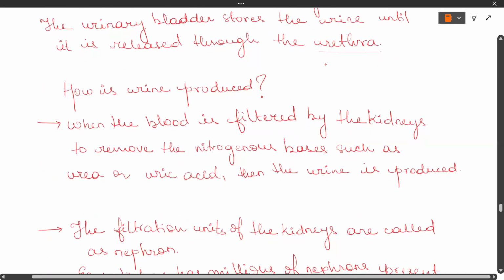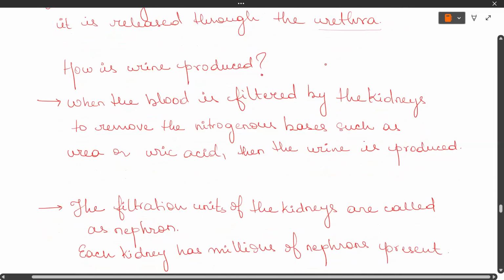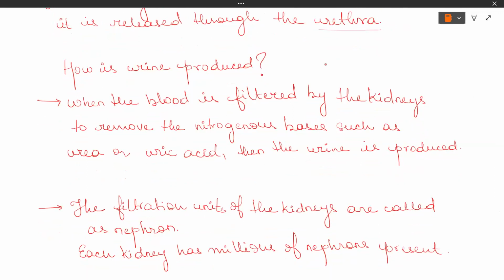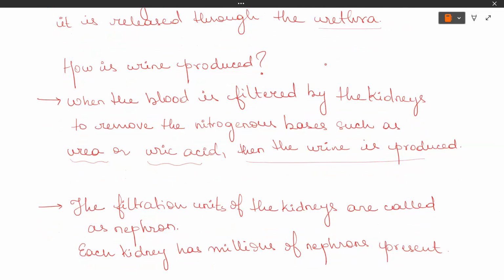Now, apart from these structures, we will see how the urine is produced. Urine is produced basically by the filtration of blood. Whenever the blood is filtered by the kidneys to remove nitrogenous wastes such as urea or uric acid, urine is produced. If you remove the urea and the uric acid from the blood, the final thing left is the urine, the waste product.